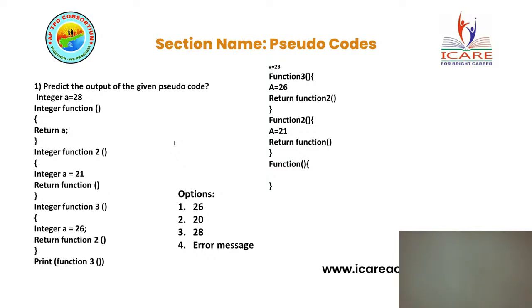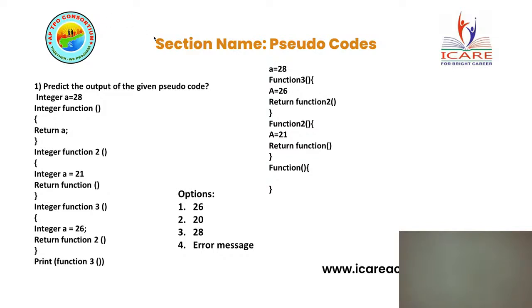Here we don't declare or assign any a variable or value, but return a is a variable name. Return is a concept which is just used to return the value. So here we used the value of the global variable, which is a is 28. So whenever we are calling the function, it is returning the value 28.